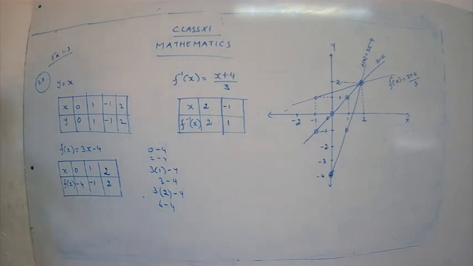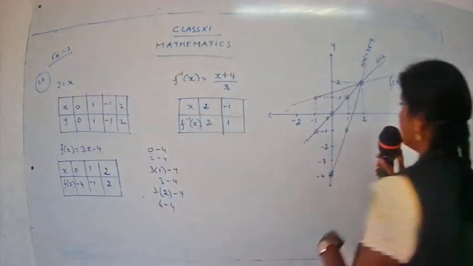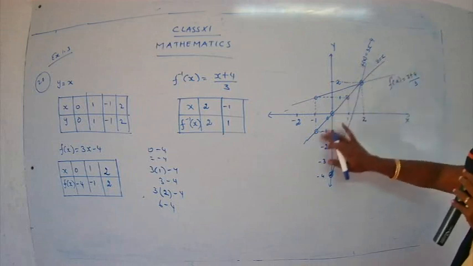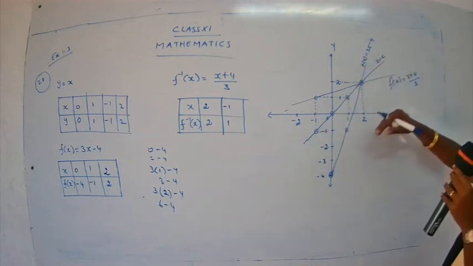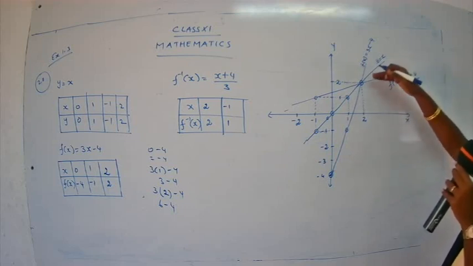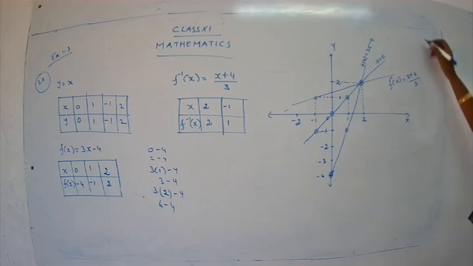Okay. Now just stop your writing work and listen to me. So what was the thing? They have asked you to draw a line y is equal to x, and they have asked you to check for the symmetrical property. They are asking whether the function and the inverse of it are lying symmetrically. That is, symmetrical means what?